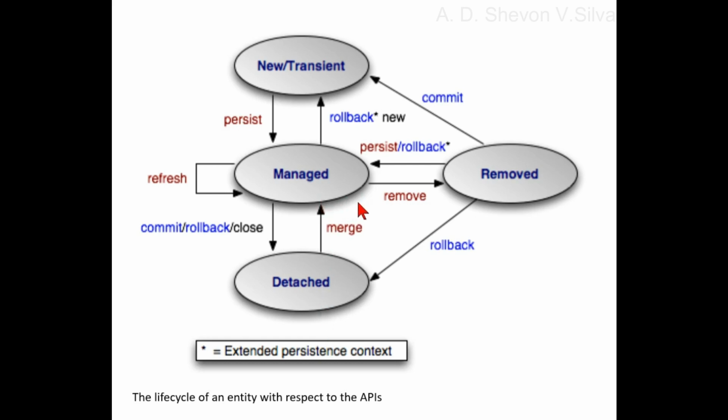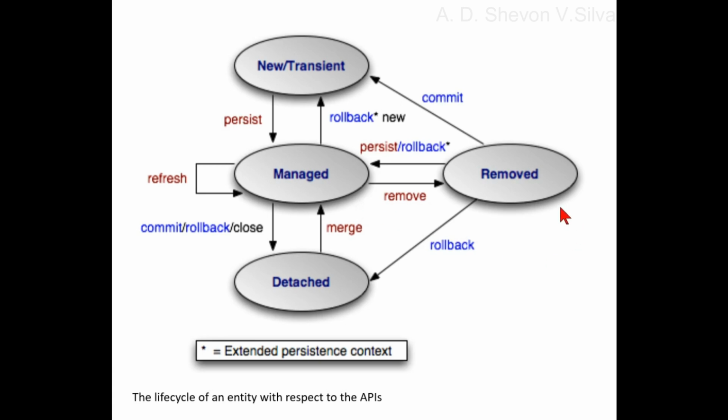For all other Y referenced by a relationship from X, if the relationship to Y has been annotated with the cascade element value cascade equals persist or cascade equals all, the persist operation is applied to Y.